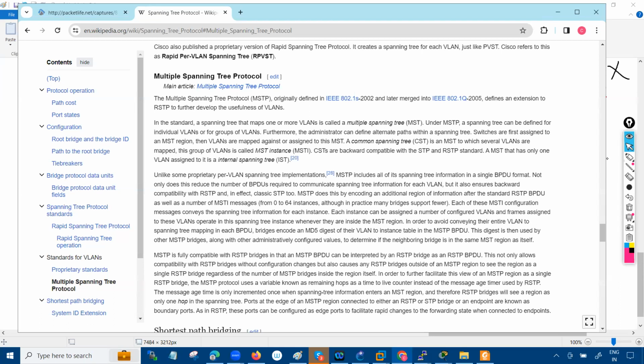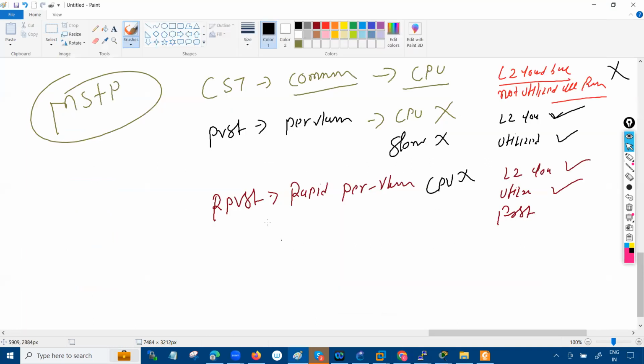So they took many years to realize that PBST is a very slow protocol. It was in the 1980s, and it was in the 90s.